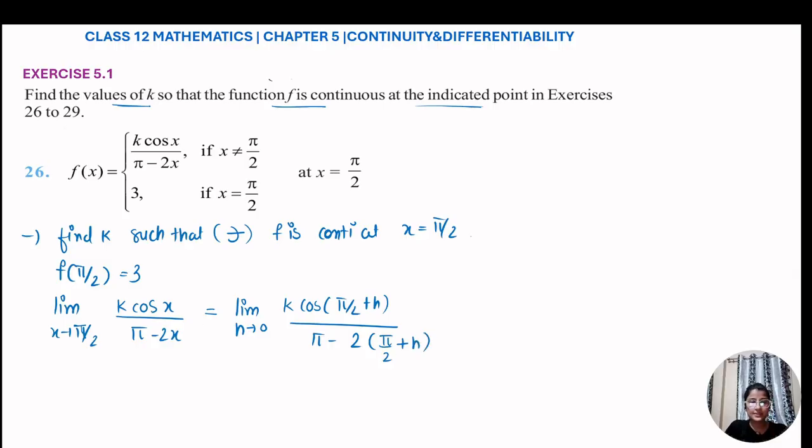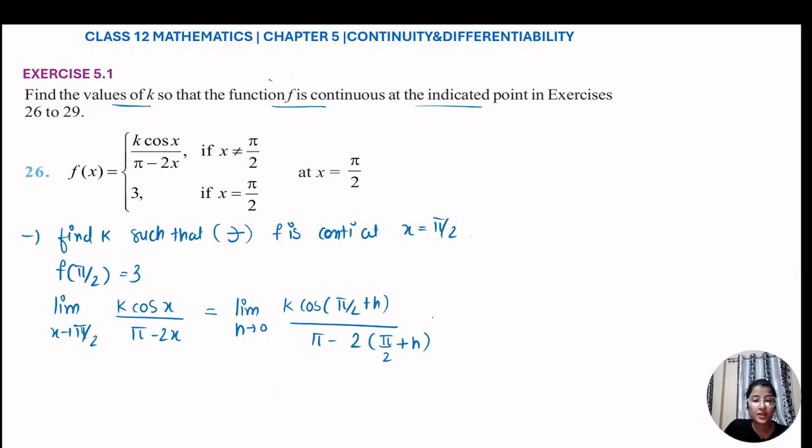As you can see, both are the same. Why? Here you are approaching x directly to pi by 2. Now here you are approaching h to 0. When h is approaching 0, automatically x is approaching pi by 2. That's what we want here also.